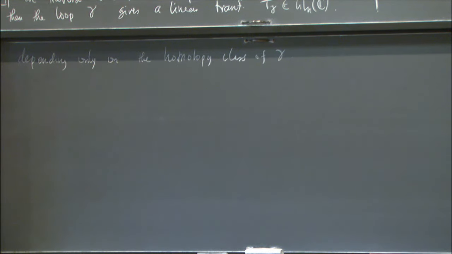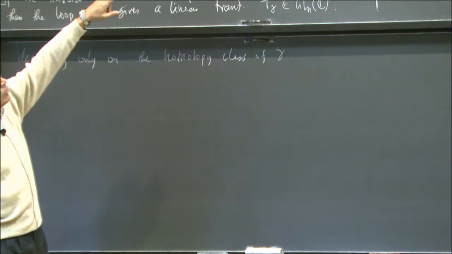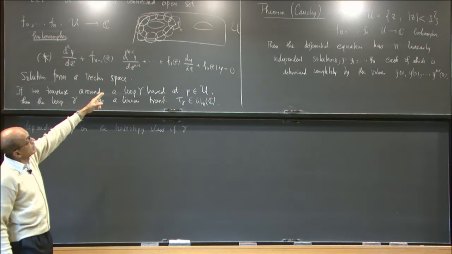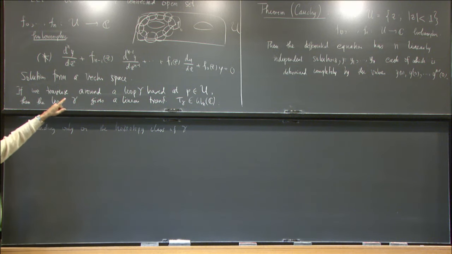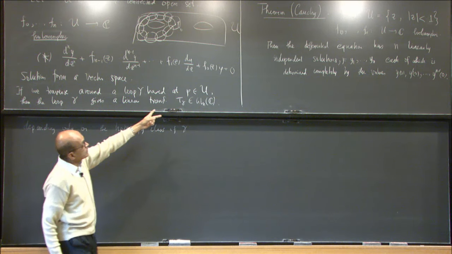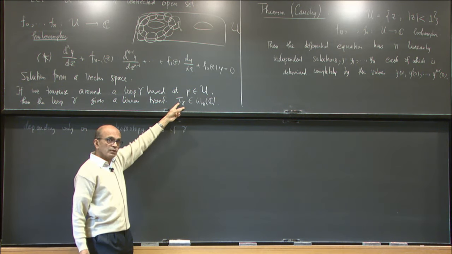And it's also clear that if I take a loop, go around one loop and go around another loop, I get a new solution, and the new solutions that I get will be the product of the two old linear transformations.